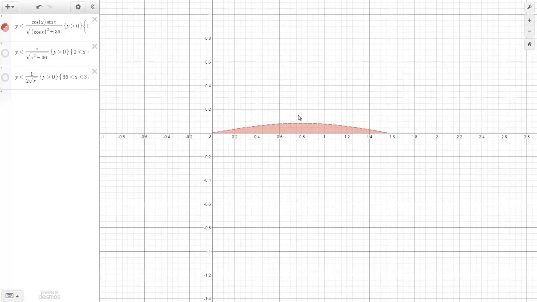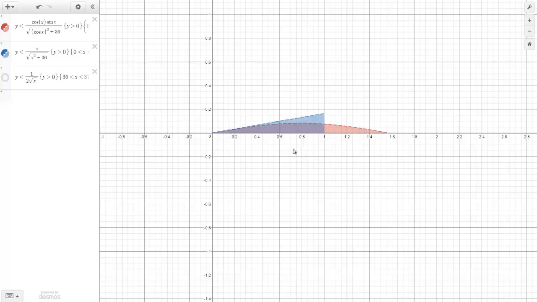Then we found out that cosine times sine divided by the square root of cosine squared plus 36 was tough to leave how it is and anti-differentiate. So since we didn't have a good way to anti-differentiate it directly, we translate it in terms of u and say, hey, here's a new function. It's u divided by the square root of u squared plus 36.